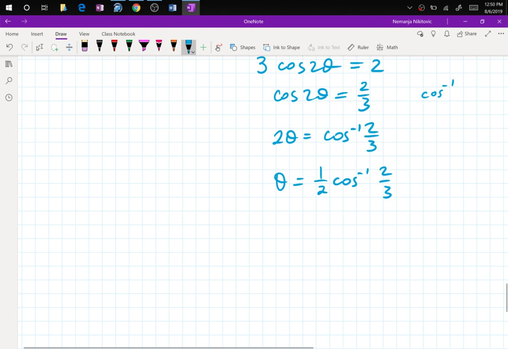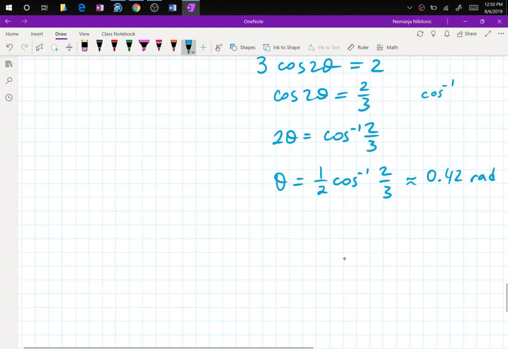So let's see. 0.5 times inverse cosine of 2 divided by 3 is 0.42 radians.